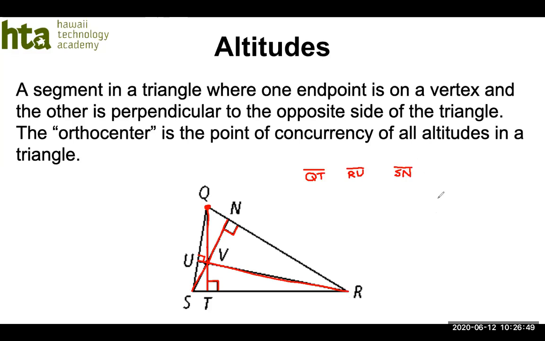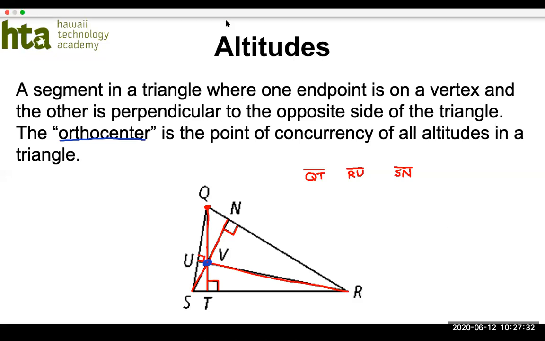There's always three altitudes in every triangle. All right, so make sure that you understand what an altitude is. And we also need to make sure we understand that the point of concurrency, which is the point V right here, is called the orthocenter. Okay, so we have all kinds of different names for points of concurrency depending on the segment. So orthocenter is the point of concurrency for all altitudes.